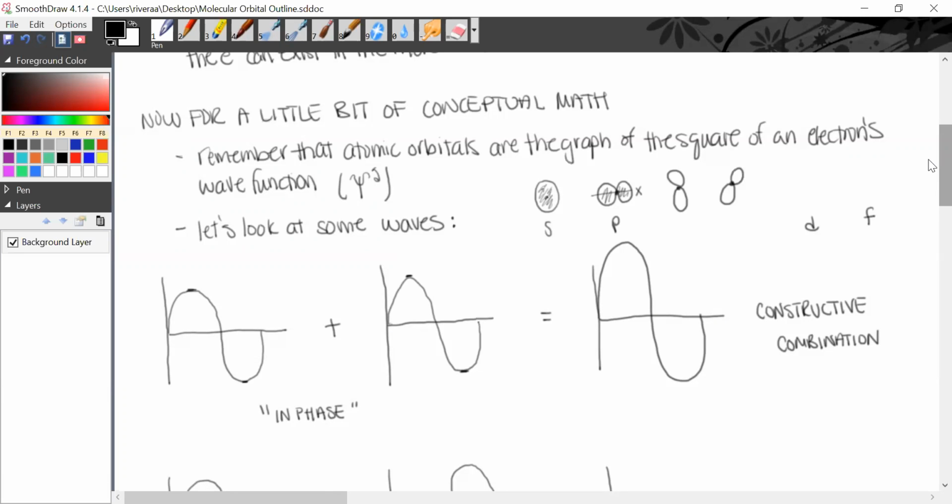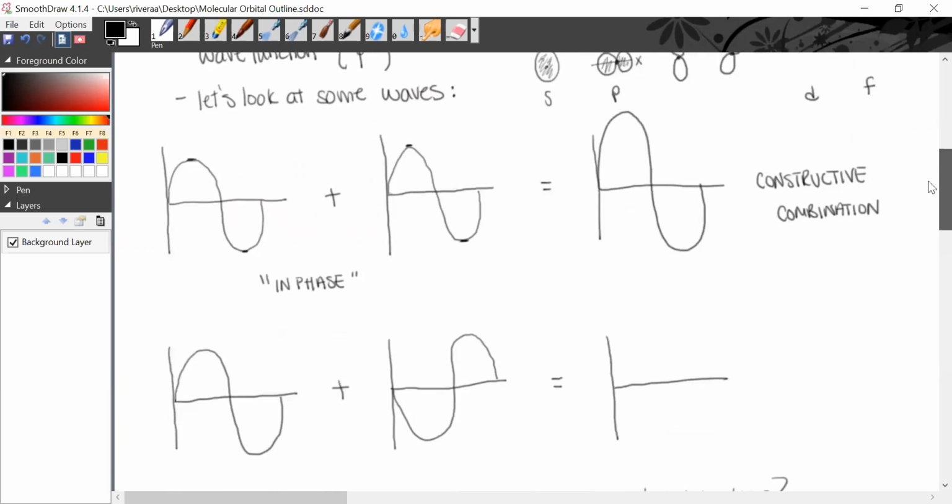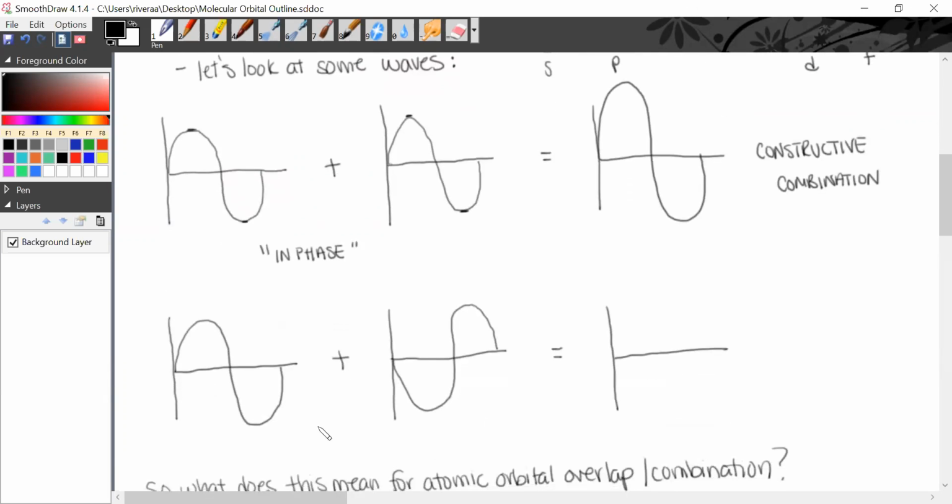However, there is also a chance that these waves are out of phase. Essentially, where you have a peak in one wave, you have a trough in the other.